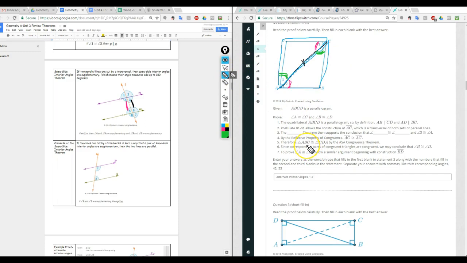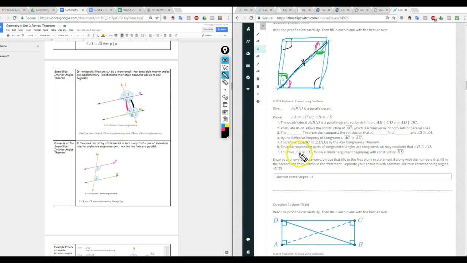So that's our angle-side angle congruence theorem. And then statement 6, since corresponding parts of congruent triangles are congruent, we may conclude that angle B is congruent to angle D. That's because they are corresponding parts. So angle D and angle B are congruent.